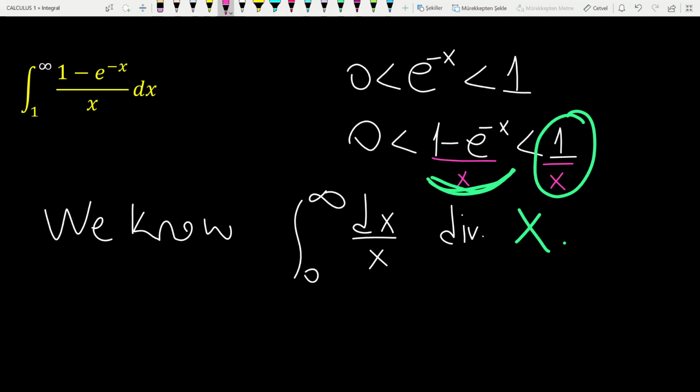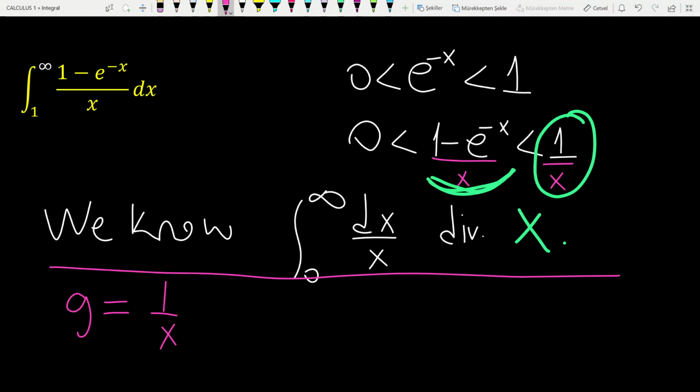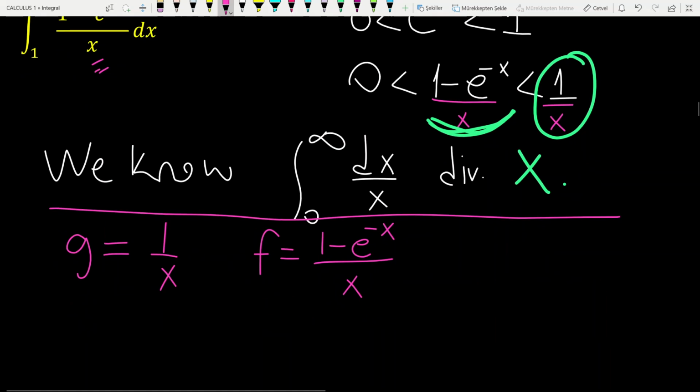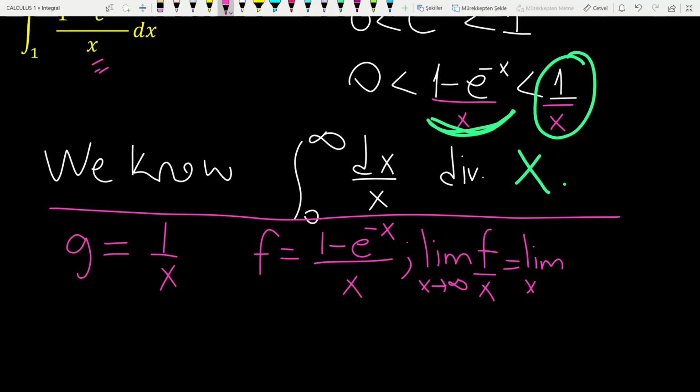So in order to use limit comparison test, I choose a function g. Let's say g is equal to 1 over x. Since we have x in denominator, I choose 1 over x. And f is also given in the question. This is (1 minus e to the power minus x) over x. So what is the limit of f over g? Limit f over g when x tends to infinity is equal to the limit as x tends to infinity of ((1 minus e to the power minus x) divided by x) over (1 over x).